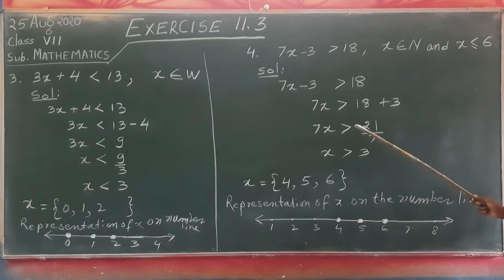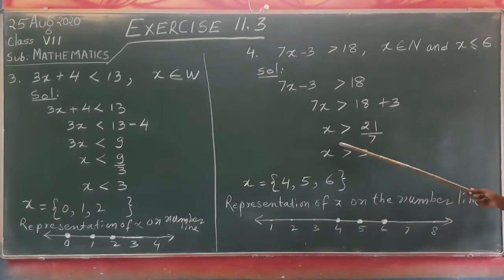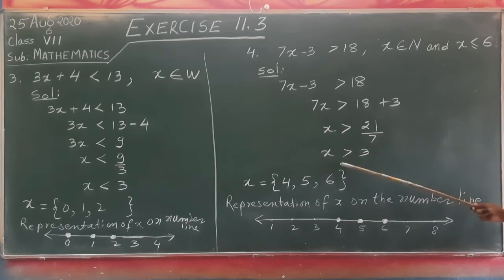Now 7x is greater than 21. On transposing 7 to the right hand side, we get x is greater than 21 upon 7. And on dividing, we get x is greater than 3.